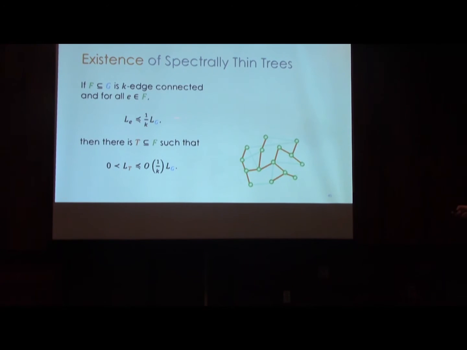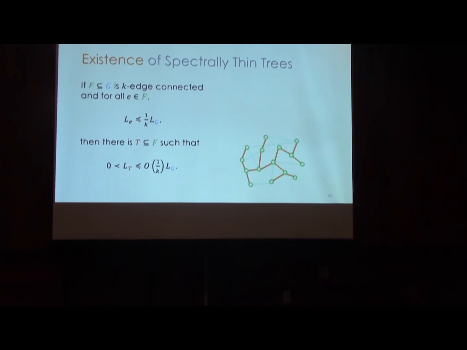So here is what our result translates. This is a consequence of our result for the scenario of spectrally thin trees. What our result implies is that if you have a graph and a subset of the edges, F, such that for every edge in F you have this condition, which is equivalent to the effective resistance of e being small, so equivalent to the effective resistance of e being bounded by 1 over k.